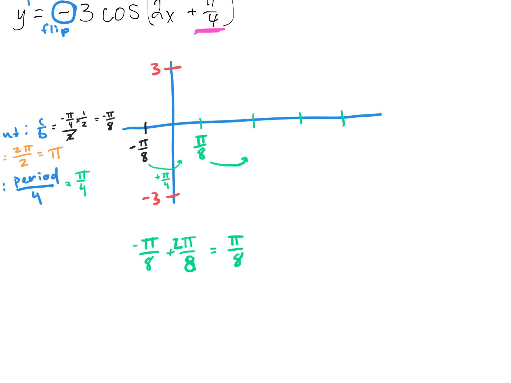So then again, I need to add another pi over 4. So pi over 8 plus pi over 4 would be, make this 2 pi over 8. So what would that be? 3 pi over 8. Add another pi over 4. 5 pi over 8.